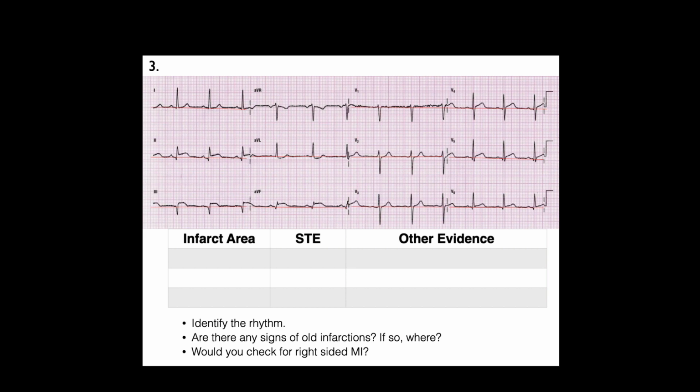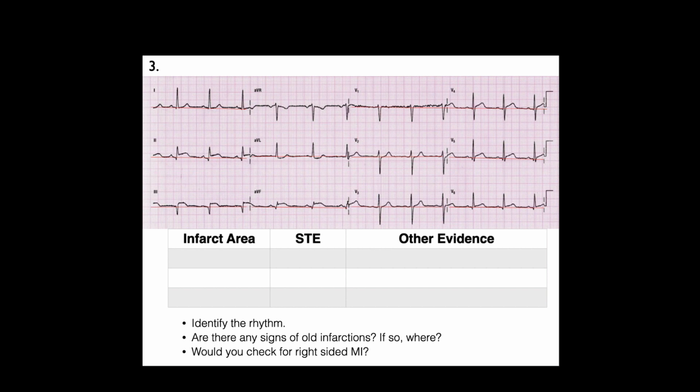Okay, and then what else did I put in there? Do you have any further evidence in the inferior leads besides the ST elevation in II, III, aVF? I think I put reciprocal changes in aVL. Yes, that is correct.